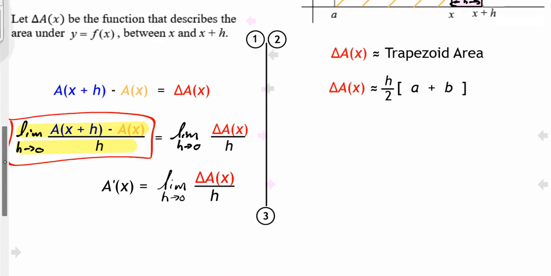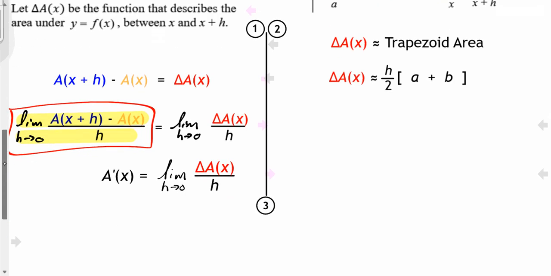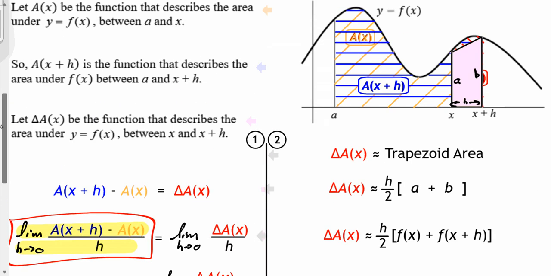Now, if you remember what we had over here, delta A of x over h, what if I just divided both of these by h? Oh, maybe before I get to that, sorry, I'm ahead of myself. The A is f of x, right?